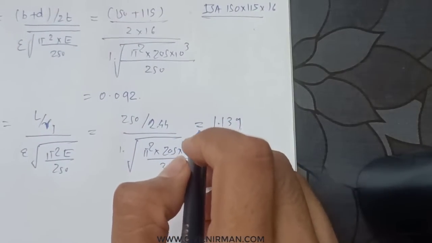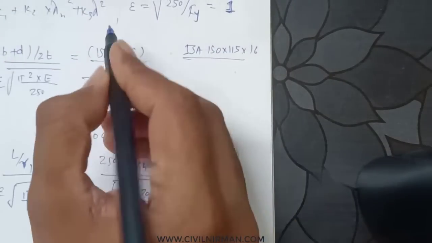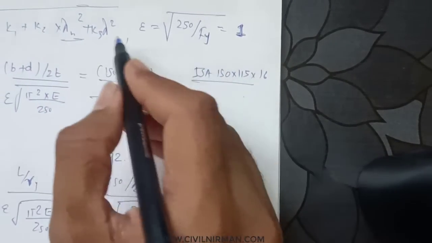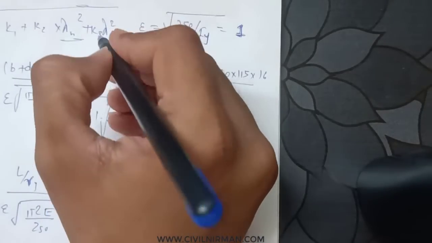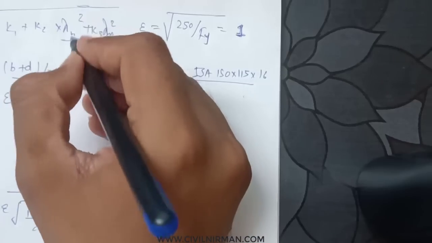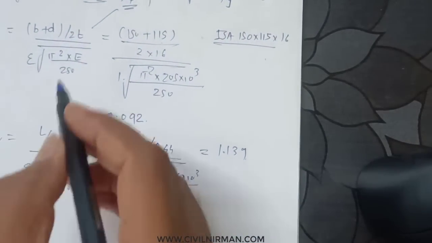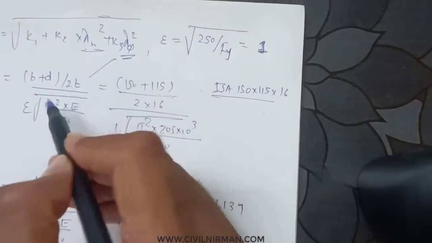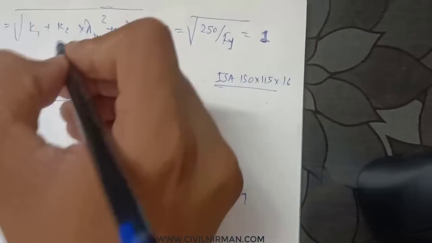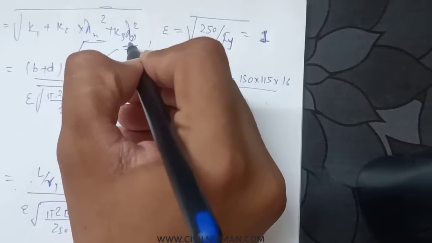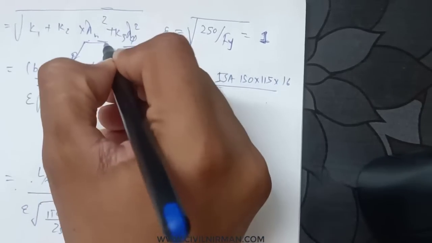We have worked out this and this. This is lambda phi. So we have worked out lambda phi and this lambda VV. Sorry, lambda phi is this one and this is this one.